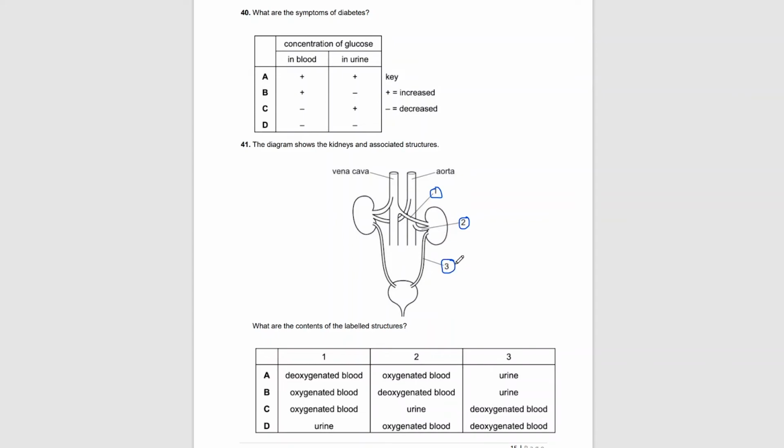Ureter is the one that connects the kidneys with the bladder. So one, which is the renal vein, should carry deoxygenated blood. Two, which is the renal artery, and arteries carry oxygenated blood. Three is the ureter that carries urine. It's just A.